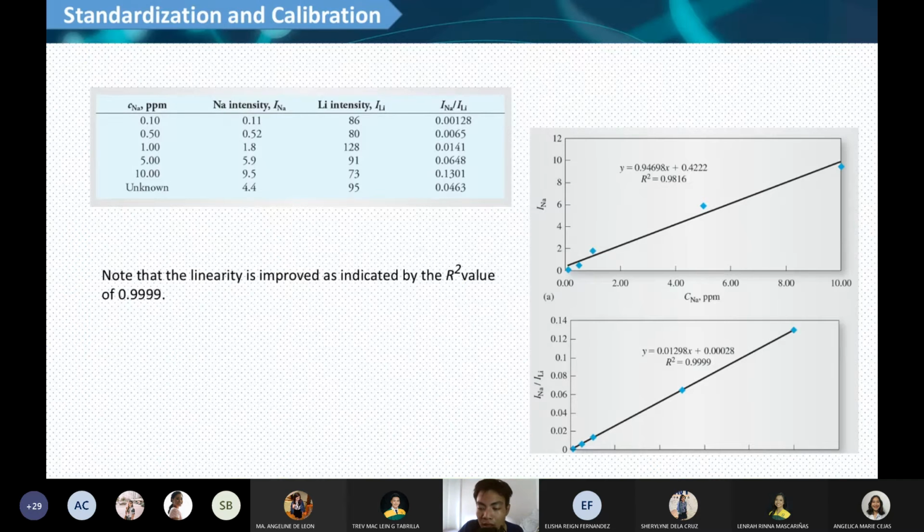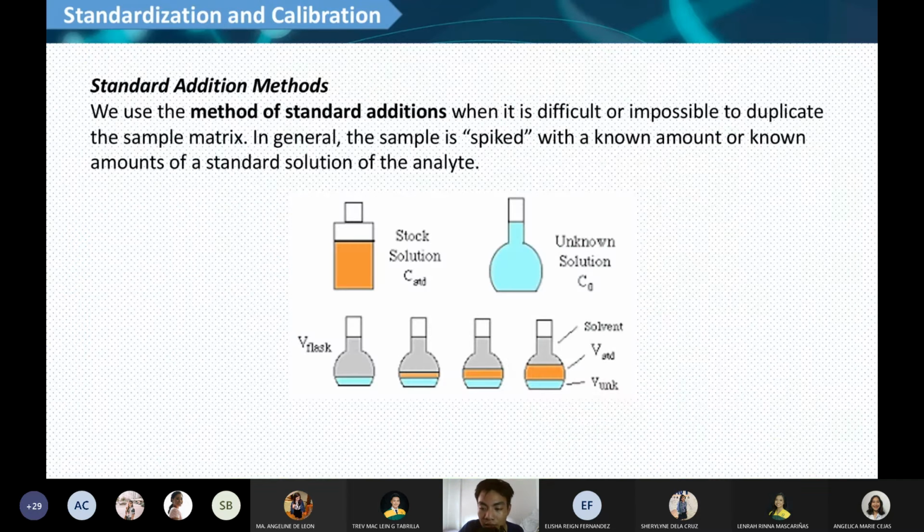Okay? And ito naman, if you have limited amount of your sample, you can do spiking. No? Ito yung ginagamit sa blood, for example. When you're analyzing the contents of lead in the blood, ganito daw ginagawa.